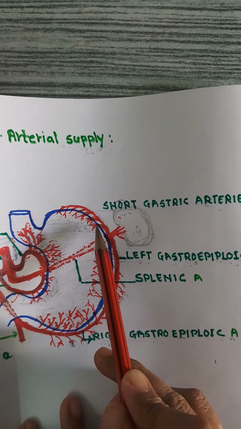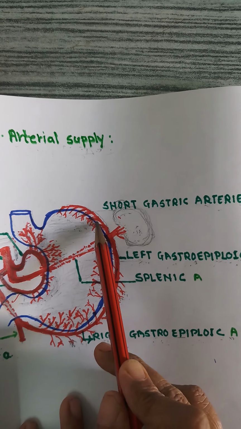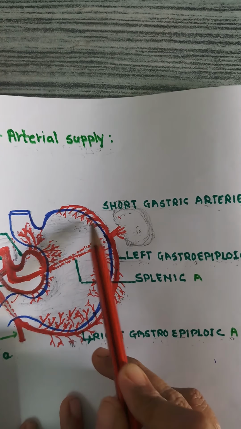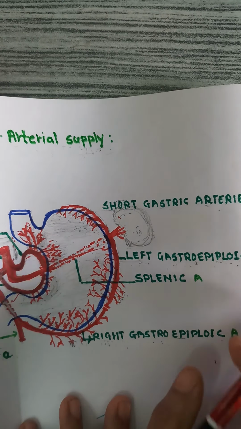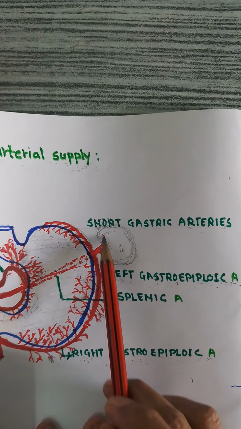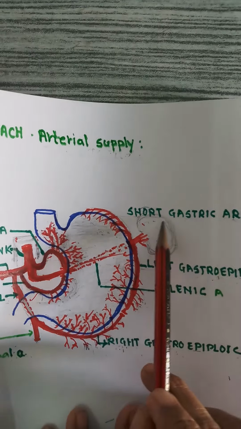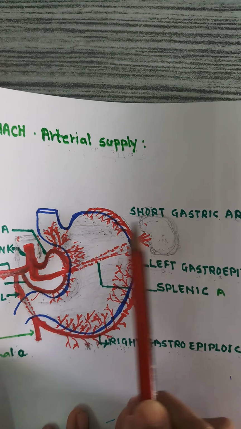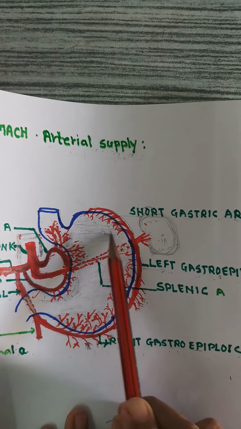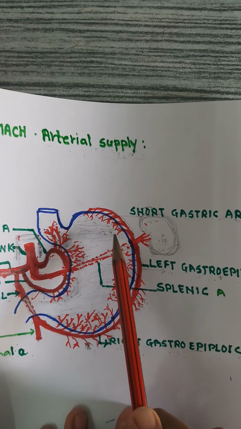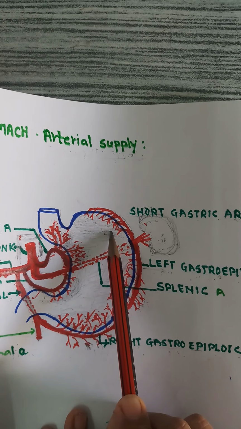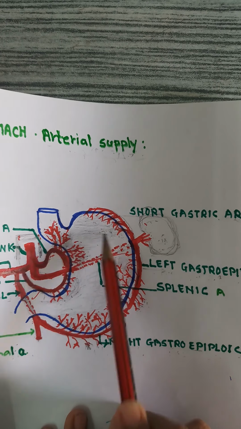It gives many short branches, 5 to 8, and these are called short gastric arteries. So these short gastric arteries supply the fundus of the stomach. There are 5 to 8 short gastric arteries.